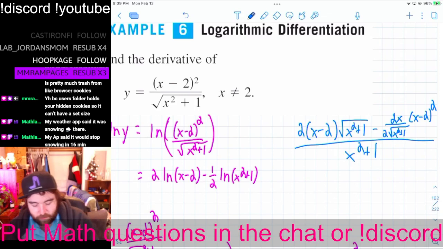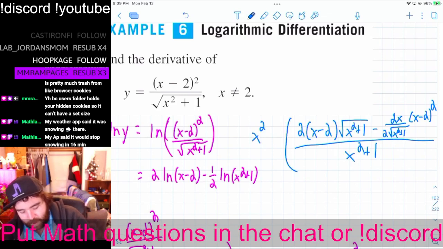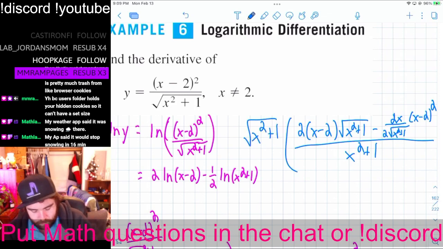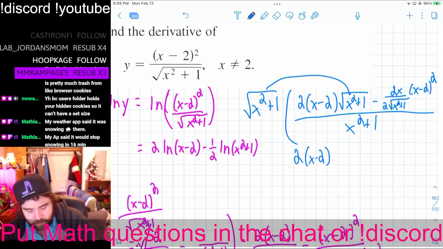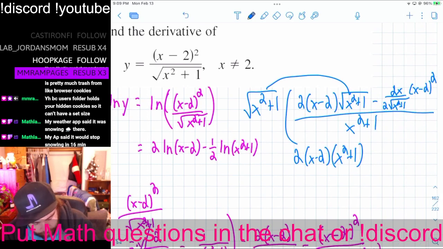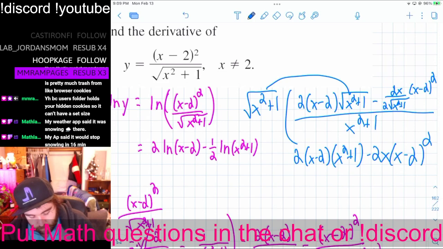So I'm going to be multiplying the top and bottom by root x squared plus 1. And so I distribute, that'll be just 2 times x minus 2 times x squared plus 1. And then when I do it to the second one, it'll just cancel out. So it'll be minus 2x, x minus 2 squared.